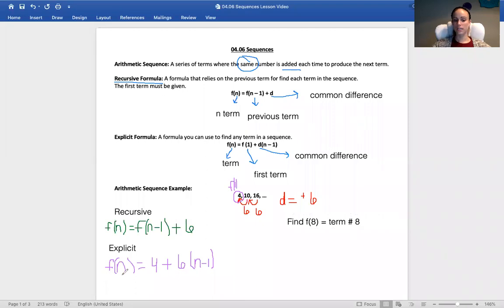Now, if we look at our explicit formula, we have f of n is equal to 4, which is our first term, plus 6, our common difference, times n minus 1. So f of, well, my n is no longer a variable because I know what term I'm finding. I want to know the 8th term.